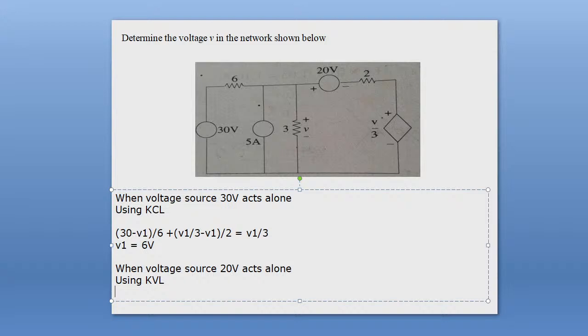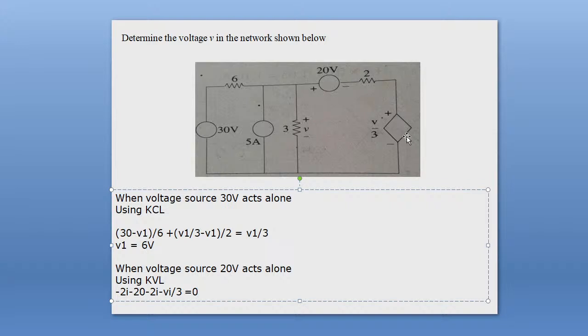So you can write, considering current I propagating, minus 2I minus 20 volt minus 2I minus V by 3 equal to 0.